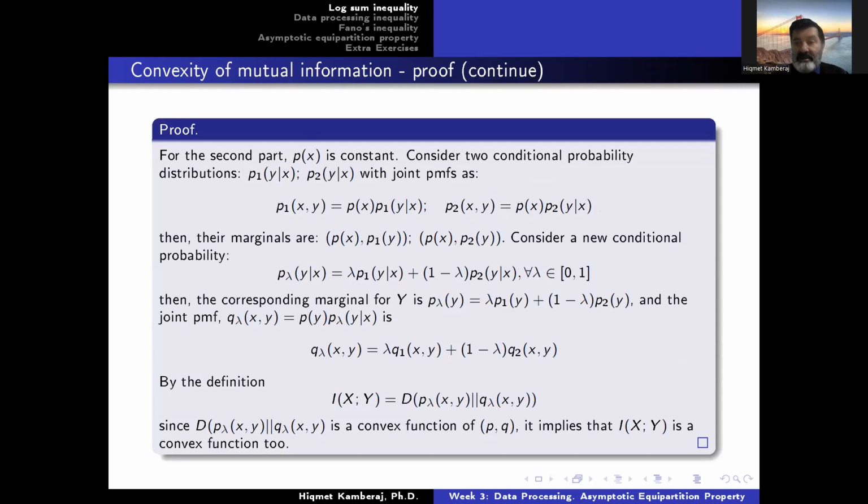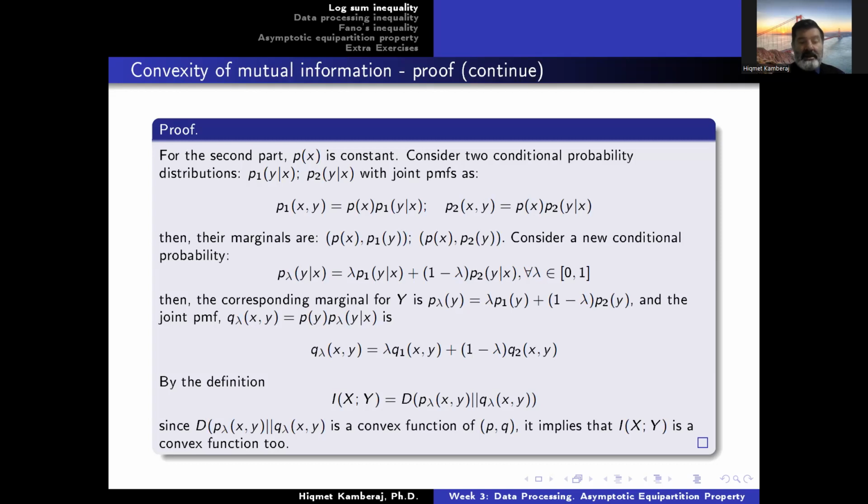Then the marginals of them are P of x and P1 of y, and P of x and P2 of y. Now consider a new conditional probability as a function of some parameter lambda, P lambda of y given x, equal to lambda P1 of y given x plus 1 minus lambda P2 of y given x. This is for every lambda in the interval between 0 and 1, including 0 and 1.